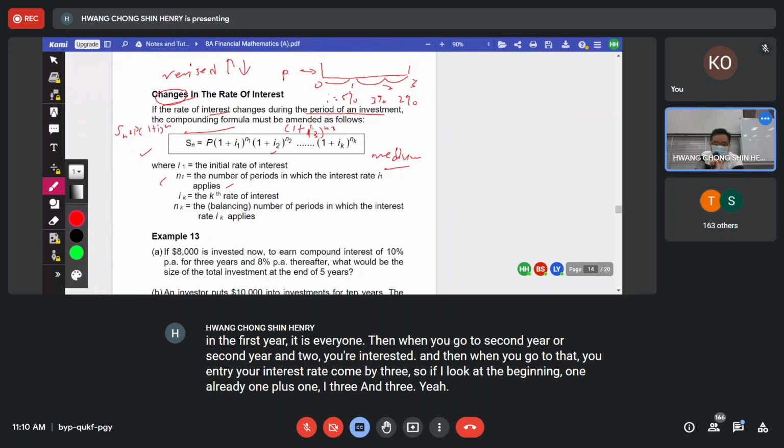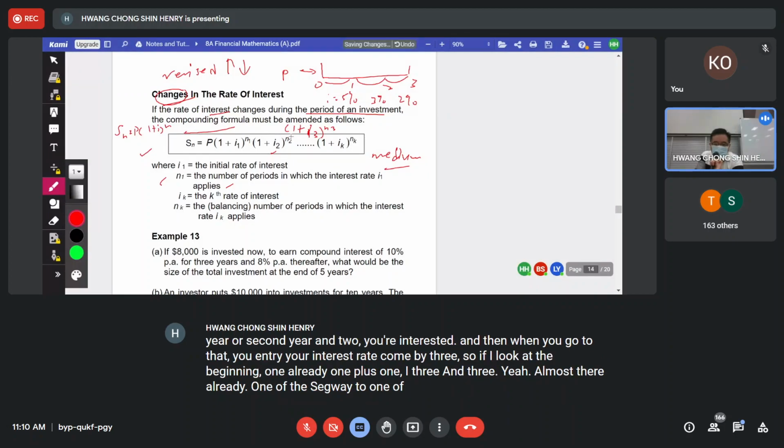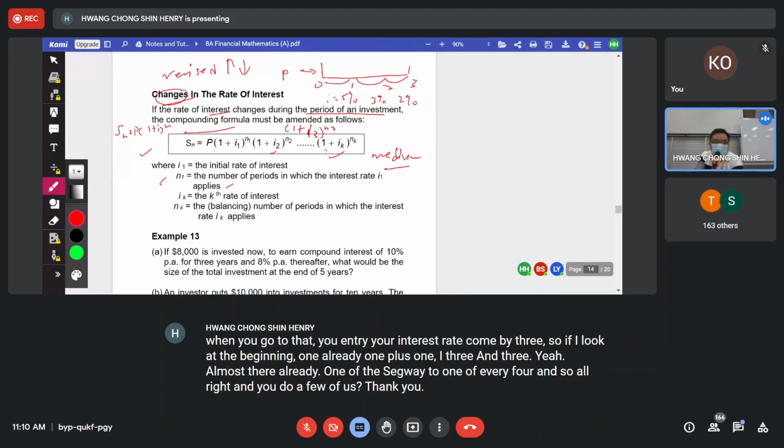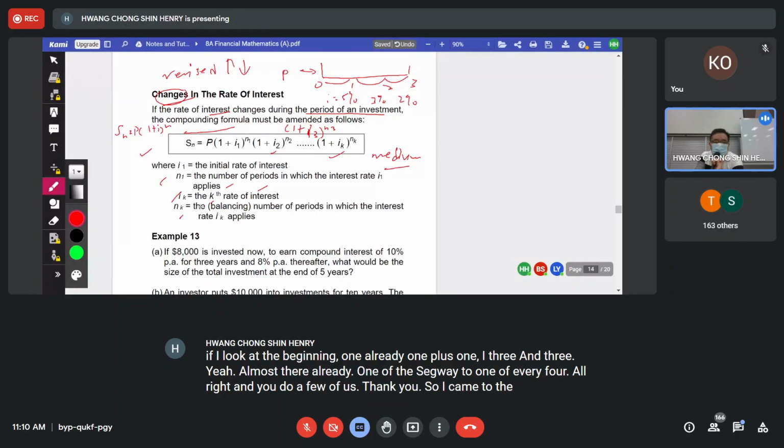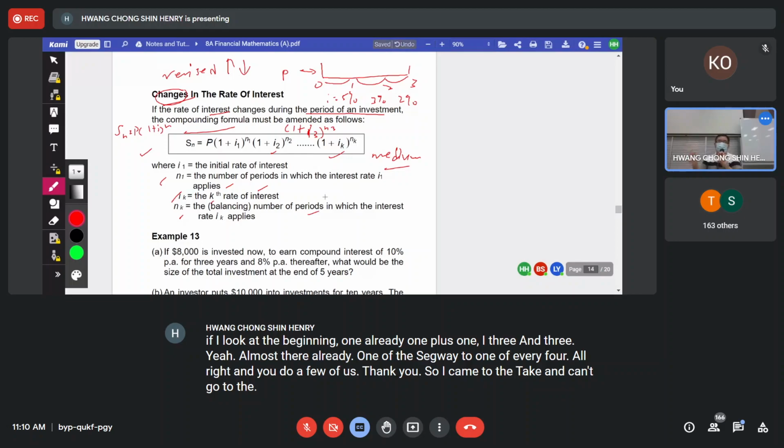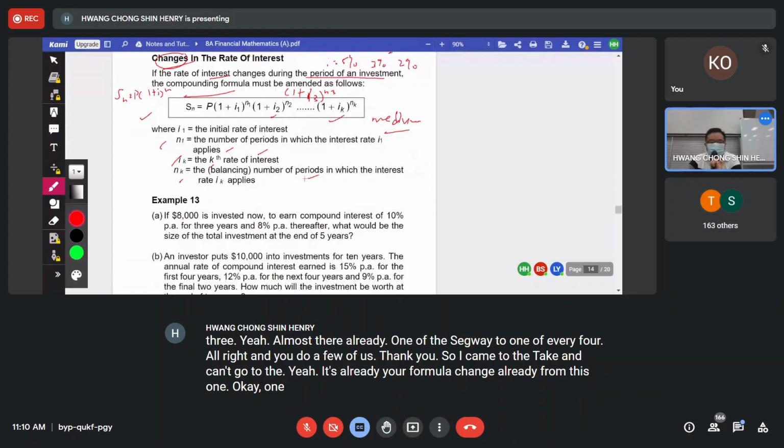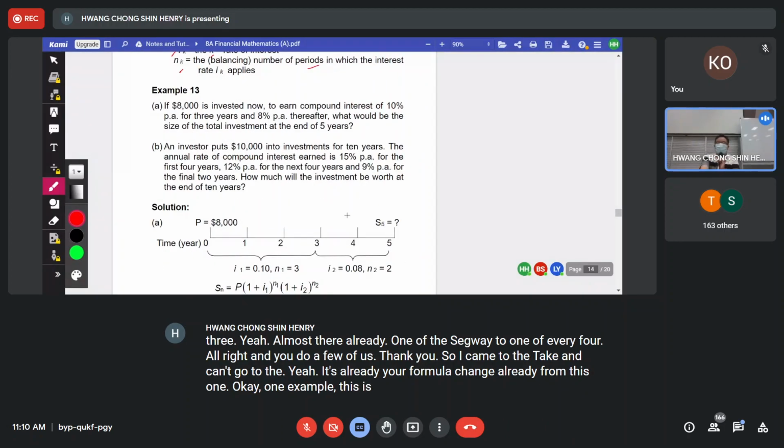Then 1 plus i1, n1, 1 plus i2, n2, 1 plus i3, n3. Then next one, 1 plus i4, n4, right? And you do this until 1 plus ik, nk. So ik refers to the k-th interest rate, and nk refers to the period. So you see, your formula has changed already. Okay, one example. This is the interesting one.